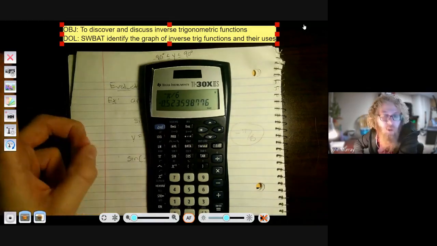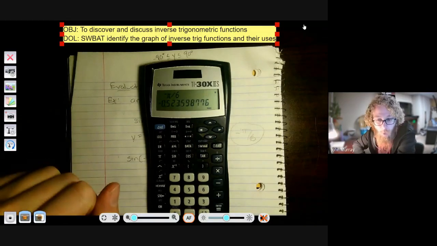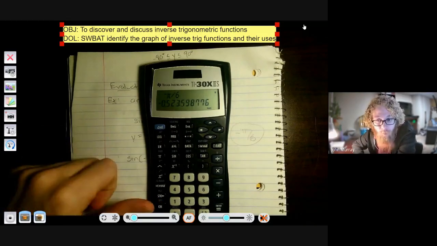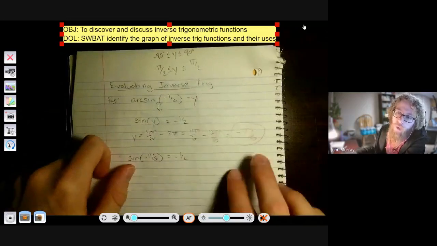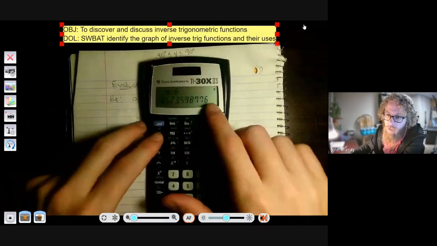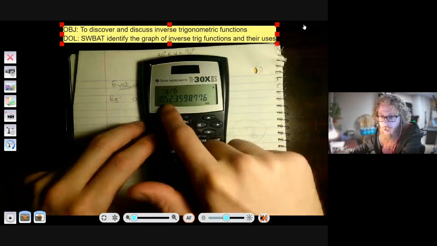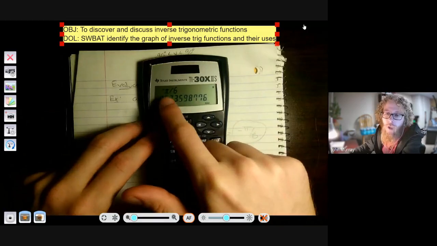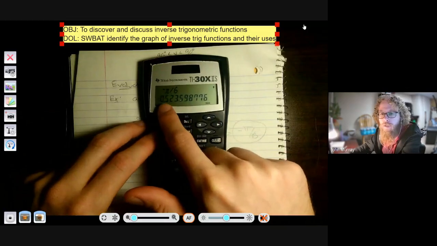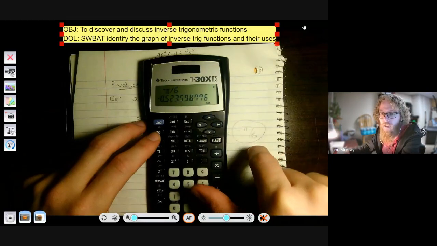Okay, so there's a slight drawback to using the calculator. I mean, it's a lot quicker. It gives you an exact answer. But if they're looking for a degree, let's see what happens real quick. This is in radians, obviously, so radians, that's a little tricky. And I wouldn't know to make negative 0.52 into pi over 6.